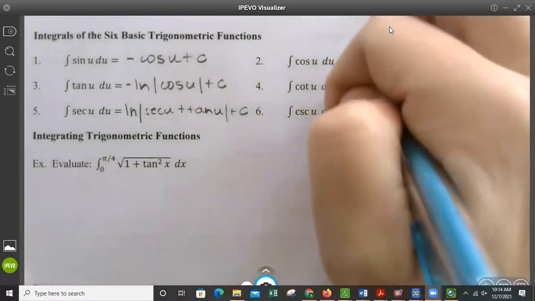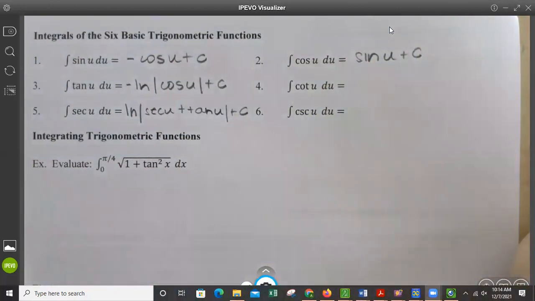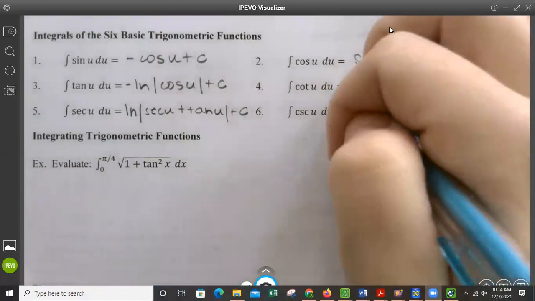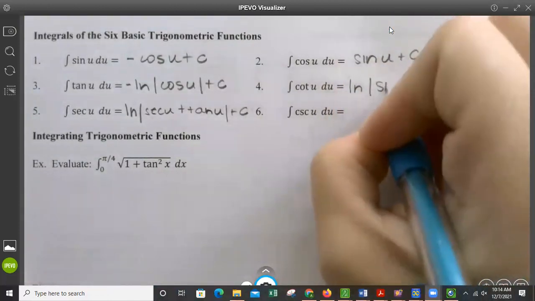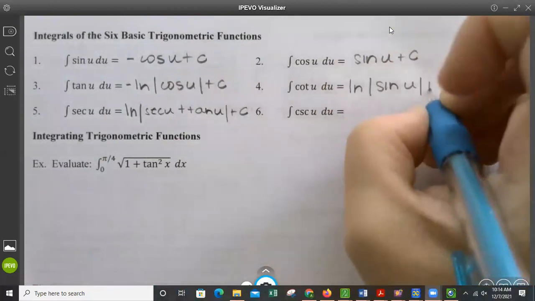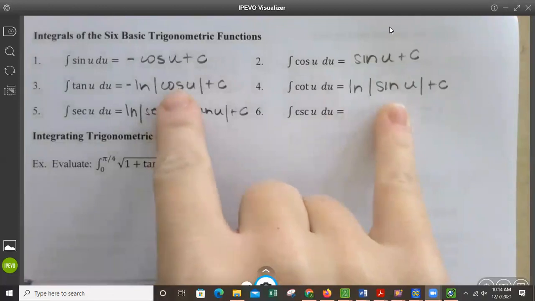Cosine u is going to be sine u plus c. Those are ones we've already learned. Cotan u is going to be ln absolute value of sine u plus c. See how these are opposite? Remember, cotan is 1 over tan, or it would be cosine over sine instead.